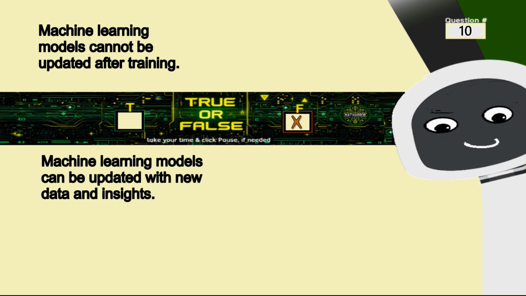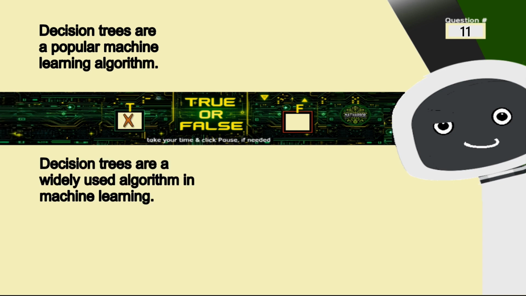That's false. Machine learning models can be updated with new data and insights. True or false? Decision trees are a popular machine learning algorithm. That's true. Decision trees are a widely used algorithm in machine learning.